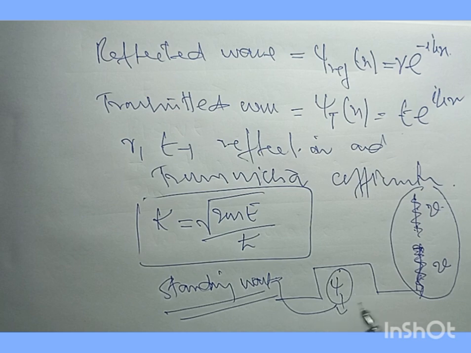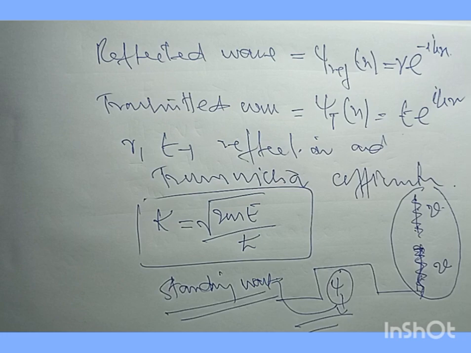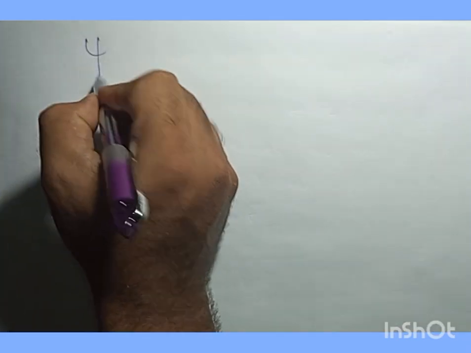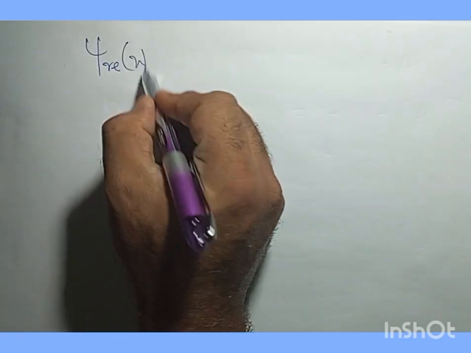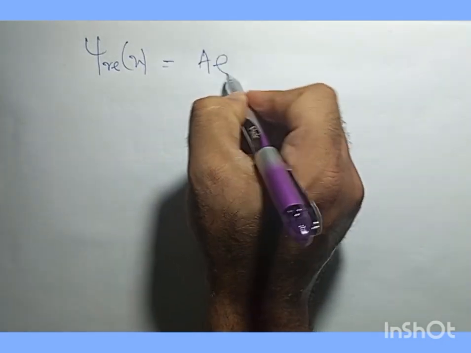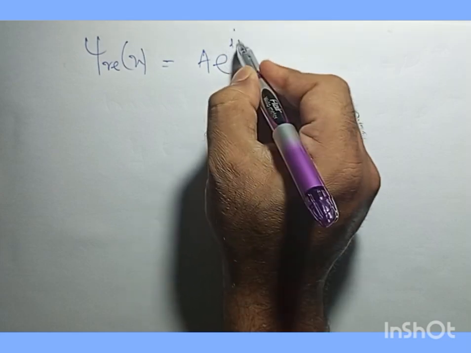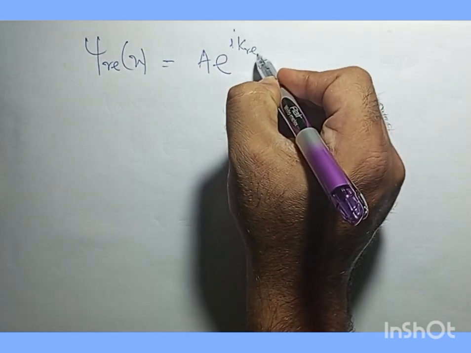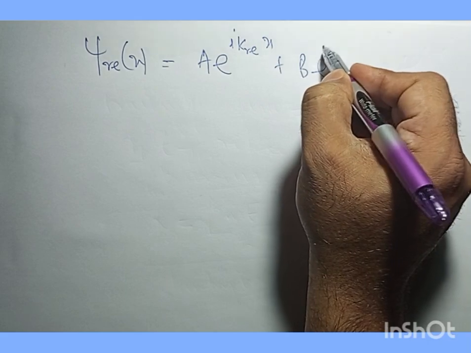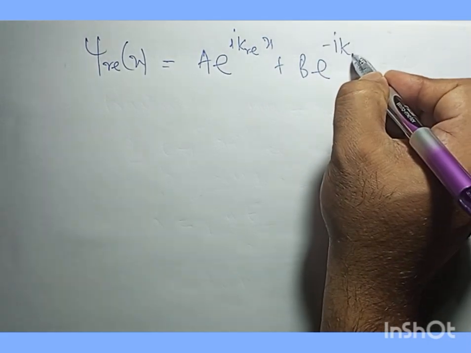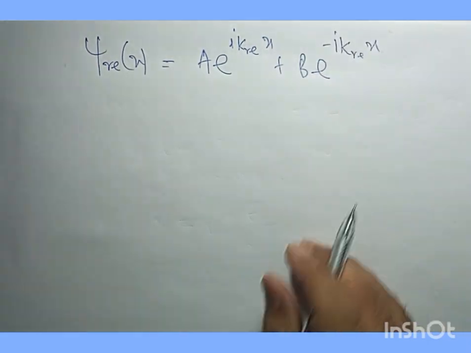So now the wave function for the resonance, psi Re, where Re stands for resonance, will be A e to the power of i k resonance x plus B e to the power of minus i k resonance x.